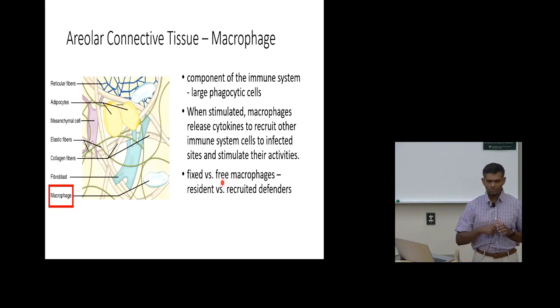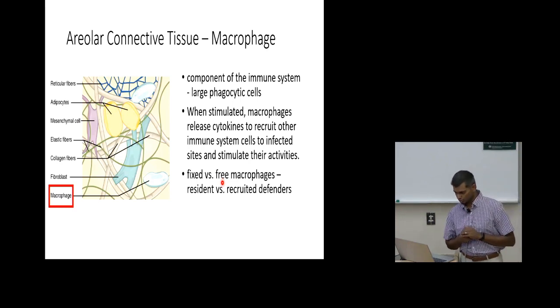And you can have two types of macrophages, those which are fixed in the areolar connective tissue, and those are resident macrophages which act as the first line of defense. Or you could have free macrophages which can come in from the bloodstream to fight off the pathogens.